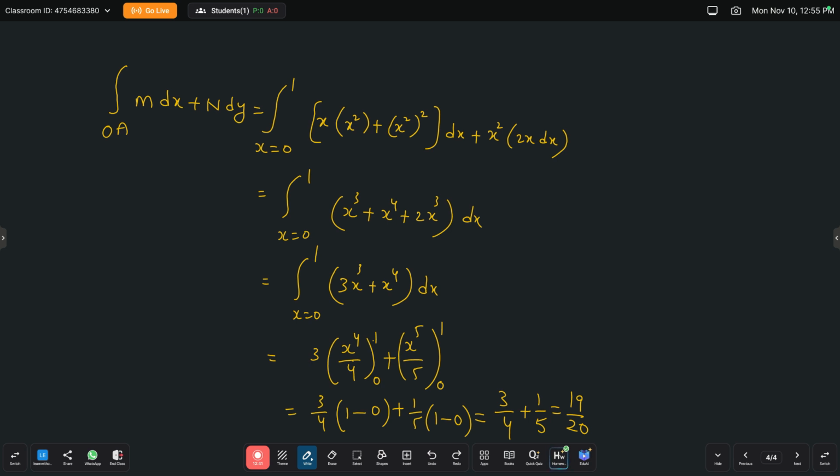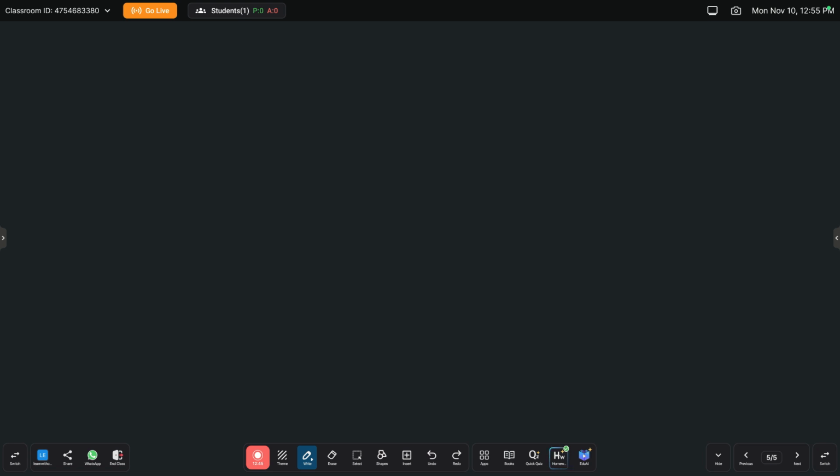Next, you can do the same thing along the AO direction. Along the AO direction, now you can take it in the anti-clockwise direction. Along the AO direction, the limits are A (1, 1) and the center is (0, 0).